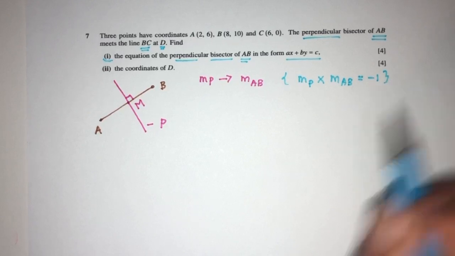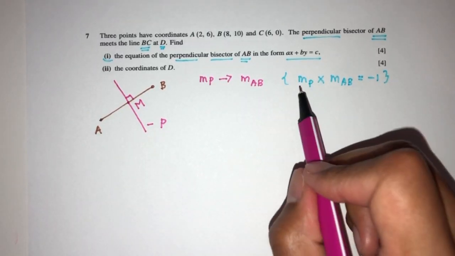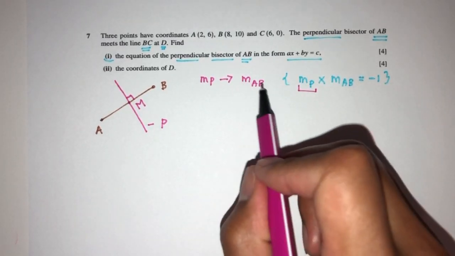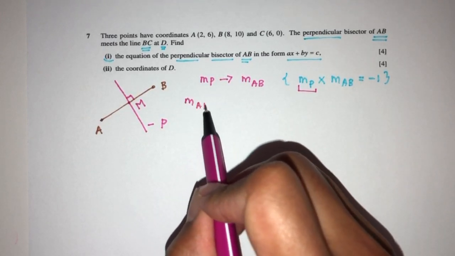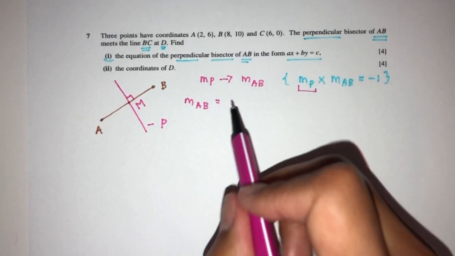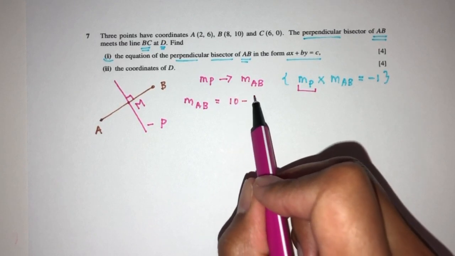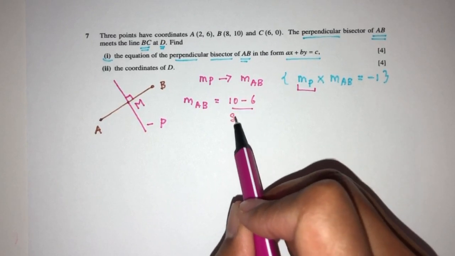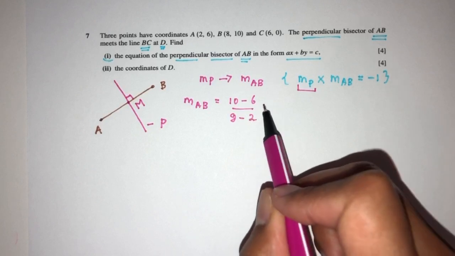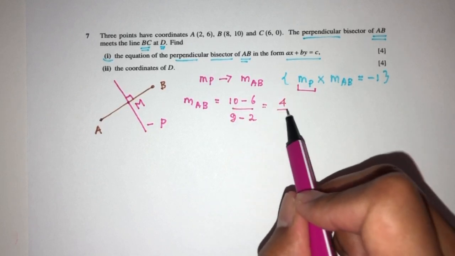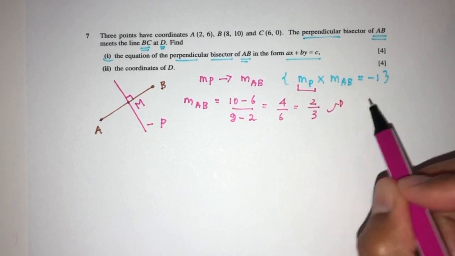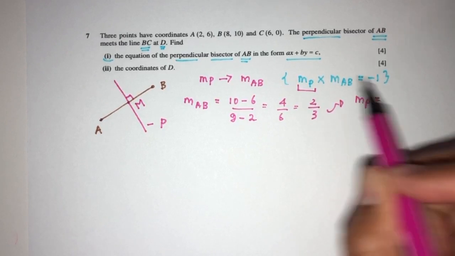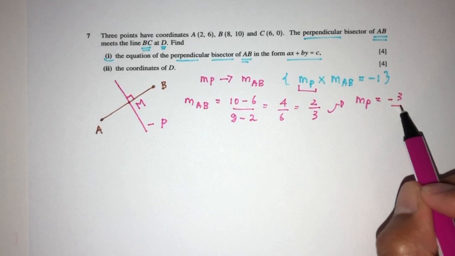So we have to use that equation to derive the gradient of MP. But first we have to find AB. So pretty easy. We just use our formula that we know already. That will be y2 minus y1, so 10 minus 6, over x2 minus x1. That will be 4 over 6. That should be 2 over 3. From this, we conclude that the gradient of MP using this equation has to be -3 over 2.